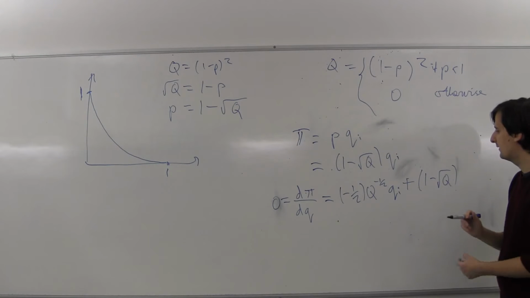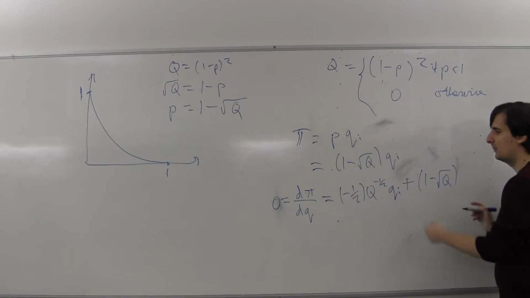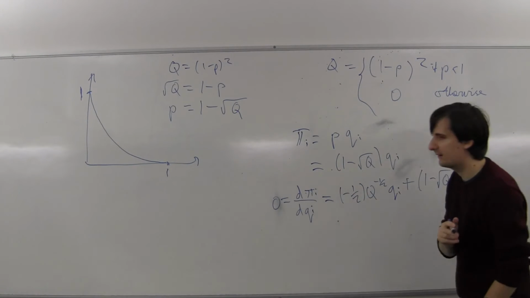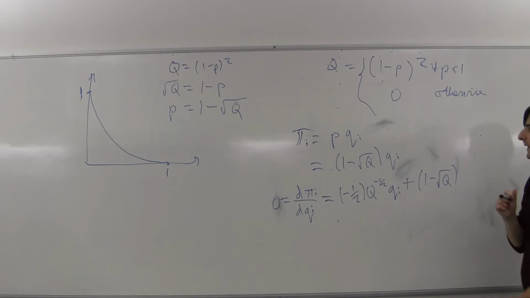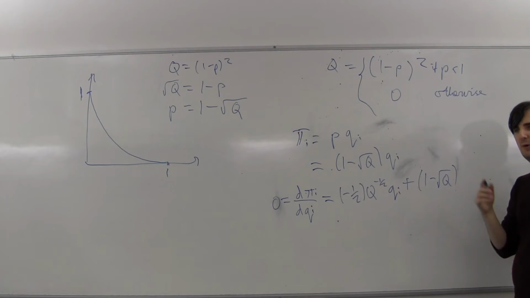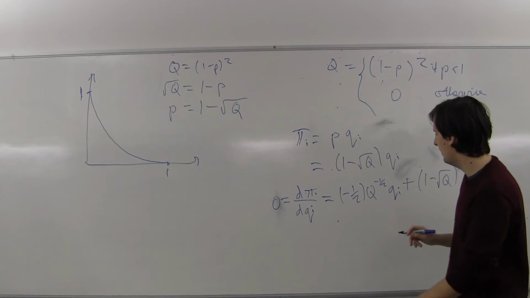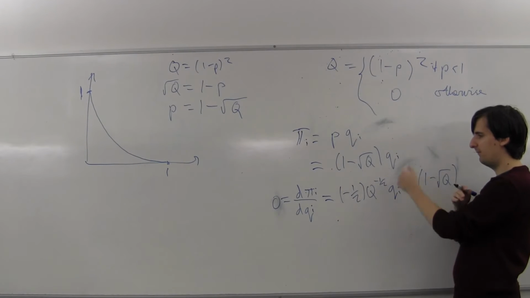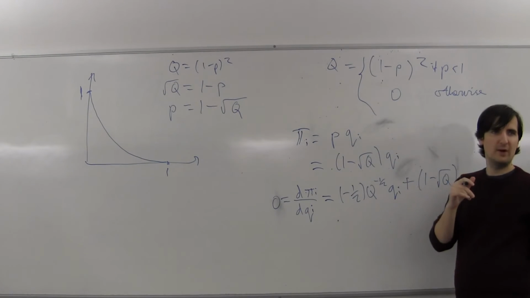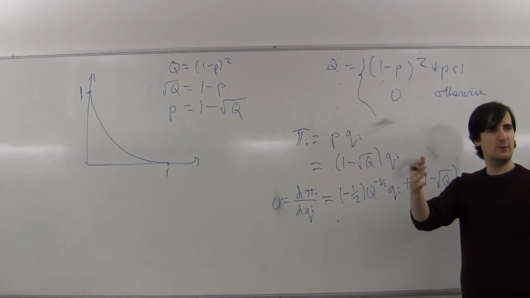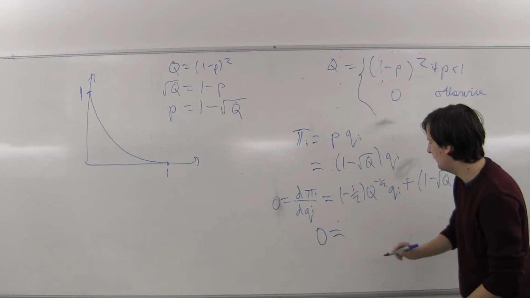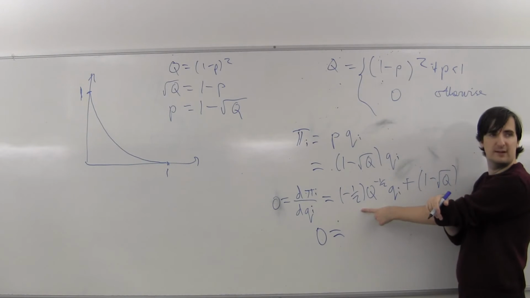We have to add up all of the profits pi i from firm i. We have to add up all of the first order conditions across the firms. This first order condition holds for firm 1, it holds for firm 2, up to firm n. So when we add them up, what are we going to get from adding up this term?